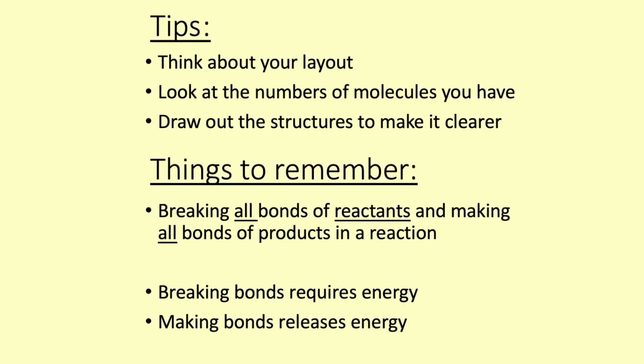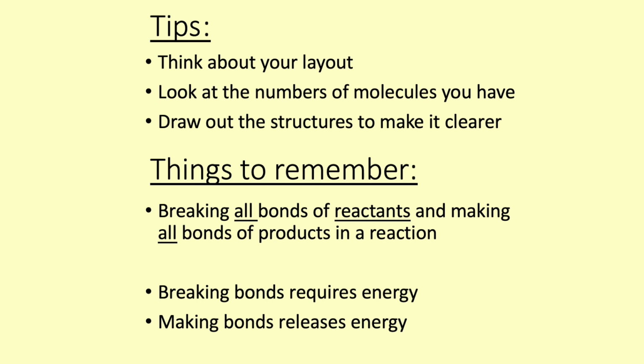I'm going to leave you with these tips, thinking about the layout of your working, looking at the numbers of molecules you have, draw out the structures to make it clearer as to how many bonds you're making or breaking. Some exam questions do this for you. However, if like in the Educake ones they're just giving you a balanced equation, then maybe it's a good idea for you to draw out those structures so that you can see what bonds are involved.